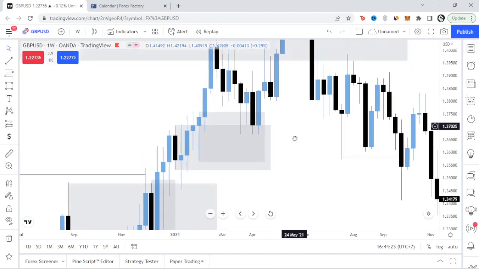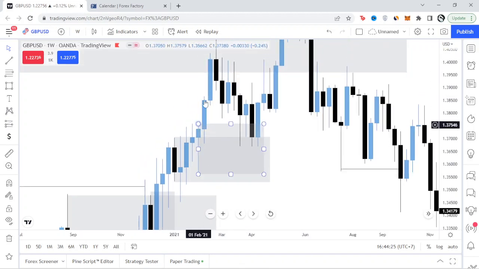But if I'm to use a supply zone, all the zones here, this took out this low, this failed to break this low, then this low hits. This low here is a higher low, and this one here is a lower low.